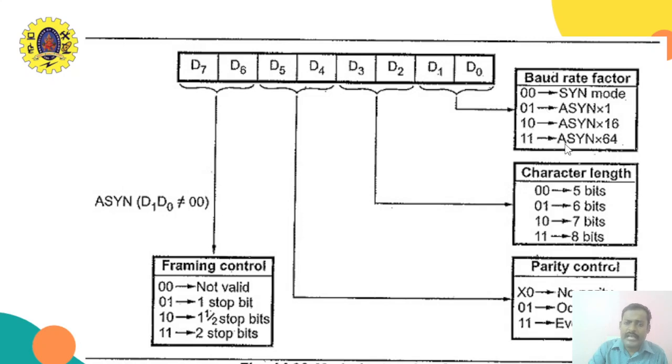And 1 1 means asynchronous mode with 64 times the actual baud rate. So this decides whether the actual baud rate should be increased or decreased depending upon the application.